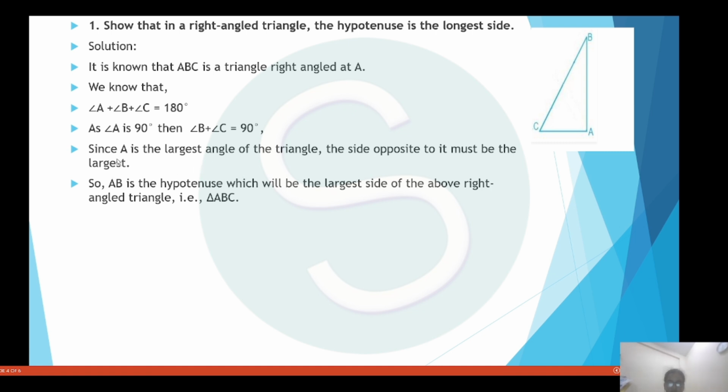So side opposite to A, that is BC here, is the largest side, which hence is proved. Hence it is proved that BC is the hypotenuse, which is the largest side.